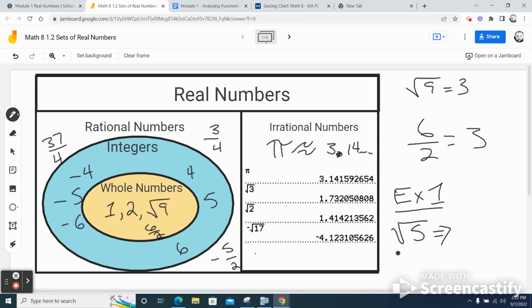It could be in lots of sets. It could be in multiple sets. The square root of 5. What set do you think that belongs in? Yeah, it's an irrational number. So if we're to label that, we would say that that is an irrational number.